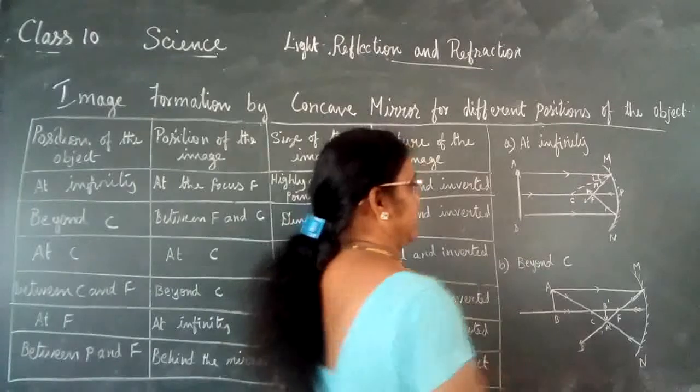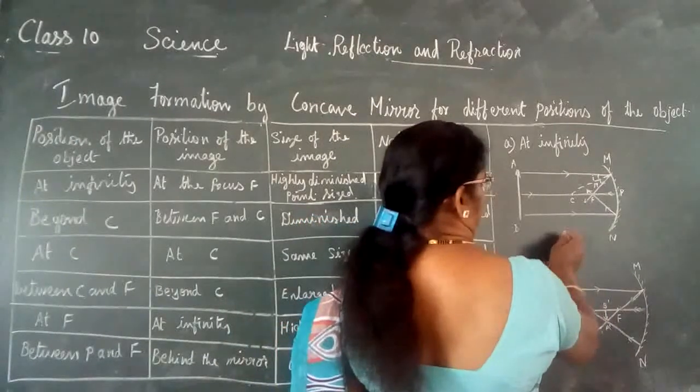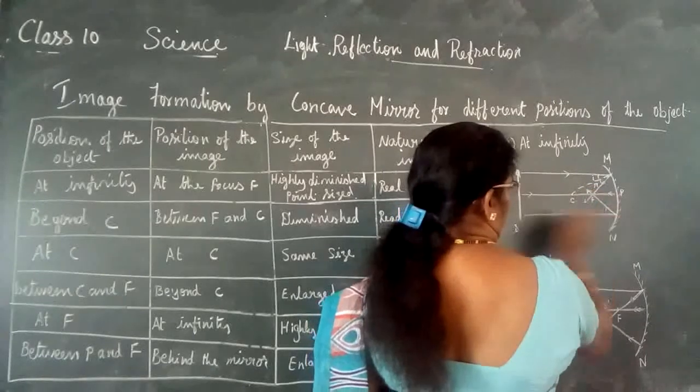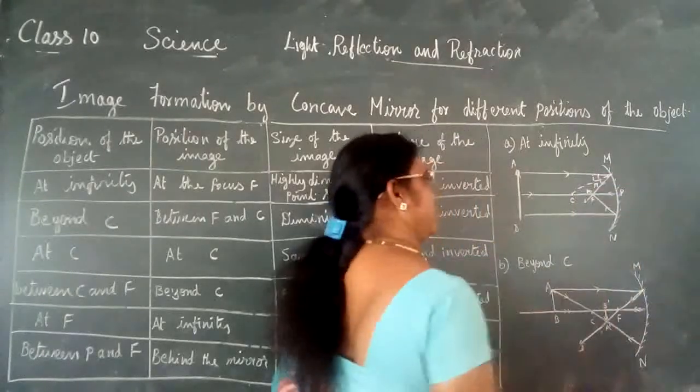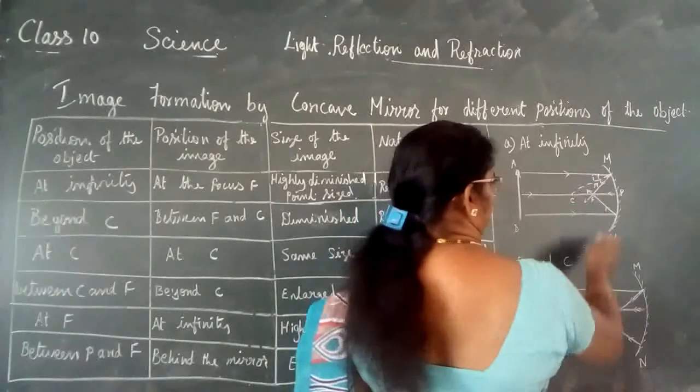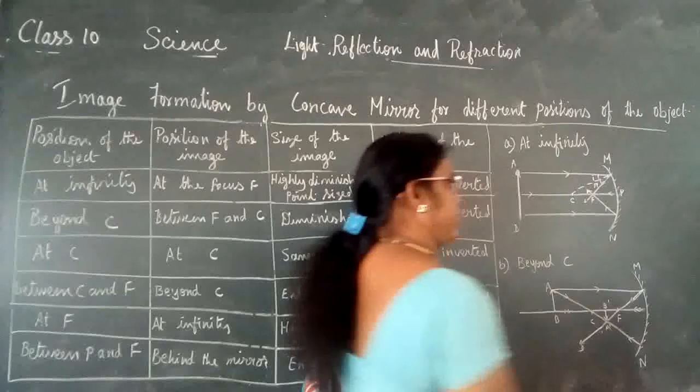Similarly, here we have another ray which travels parallel from the bottom side. The ray which travels parallel to the principal axis passes through the principal focus.